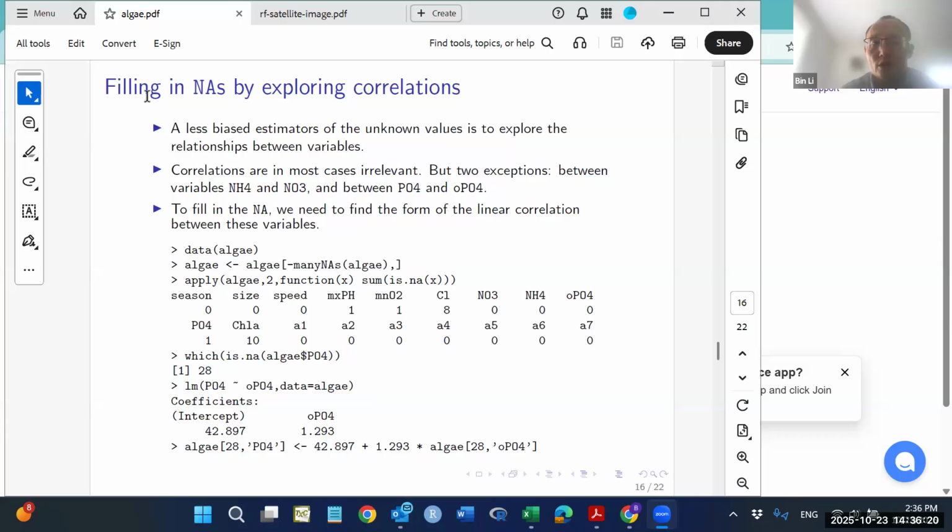And also we can replace the missing value based on the correlations. So here I'm showing one example. We have one observation that has a missing value on the PO4. You can see these are the number of missing values for each variable. Look at the PO4, we have one missing value.